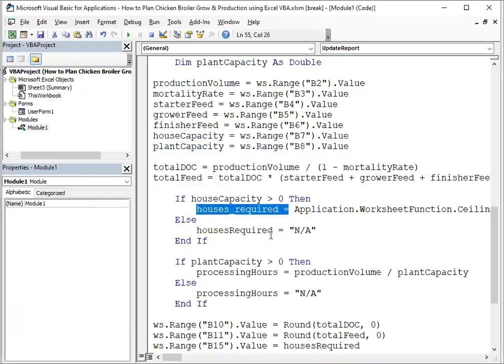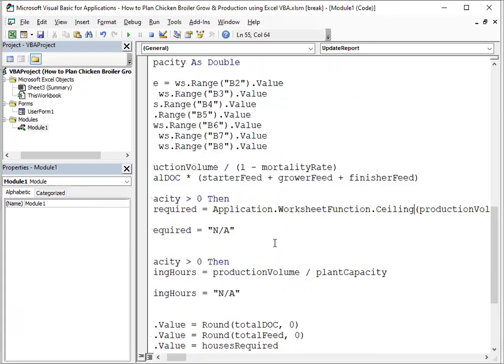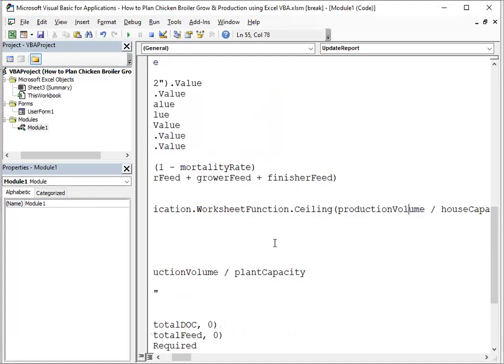Okay, and then we have a problem. If house capacity is 0, houses required. Application.WorksheetFunction.Ceiling, Production.Ceiling.